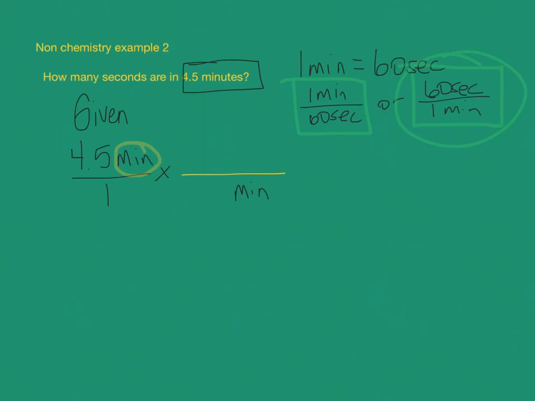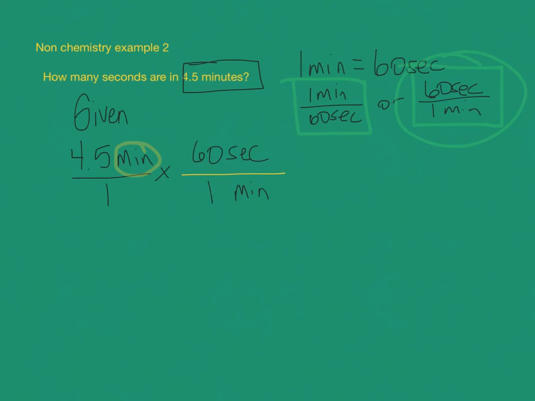So how I would write this is I would put 60 seconds on the top, and on the bottom, I have 1 minute. After that, I look at my units and I cancel out.